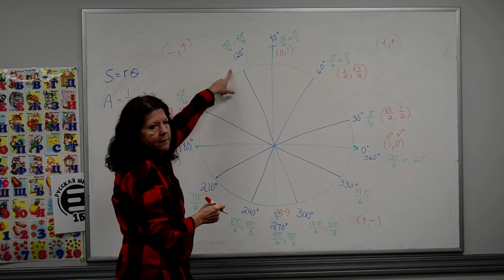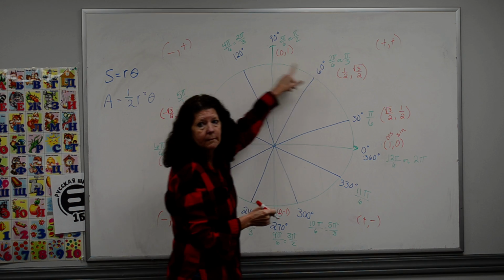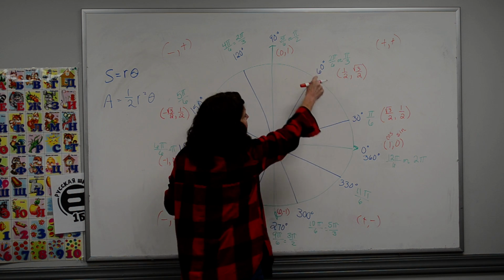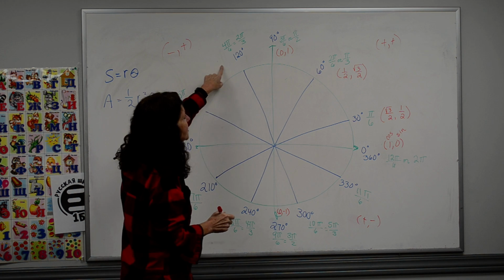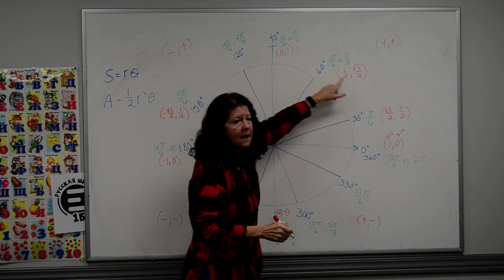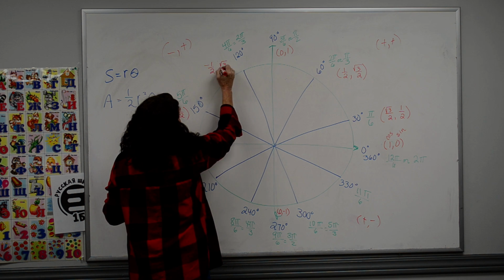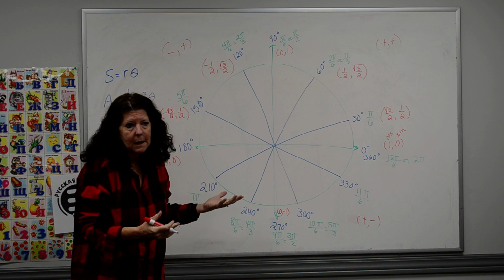So right here, I have a negative square root of 3 over 2 and a positive 1/2. What do I have here? Okay, because those are the same reference angles. Okay, that's 60. This is also a 60-degree reference angle. So it's the same as this, but my 1/2 is negative, because remember, my x or my cosine is going to be negative.